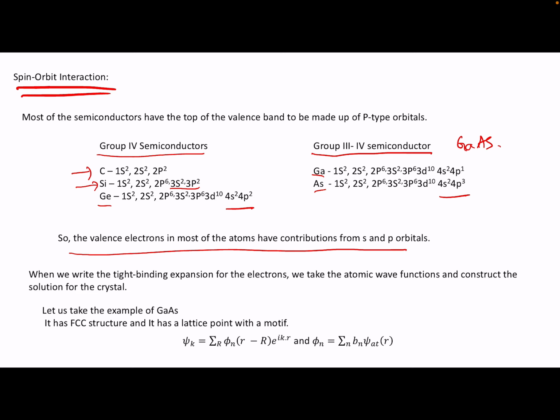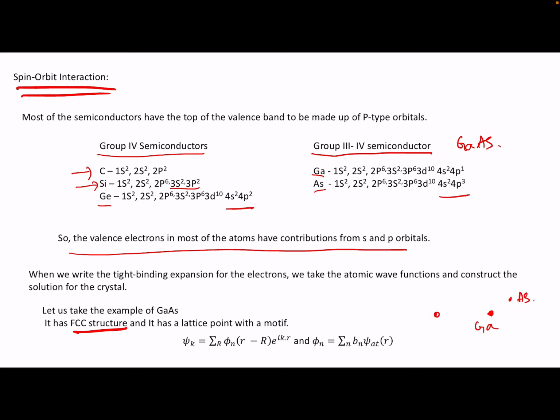But empirically, when you actually calculate the band structure using the tight binding model, we saw this previously. Most of the semiconductors have 2 atoms per lattice point, right? You always have an FCC structure with a lattice with a motif. So in the gallium arsenide case, you have a gallium and an arsenic at each lattice point, right? Something like this.